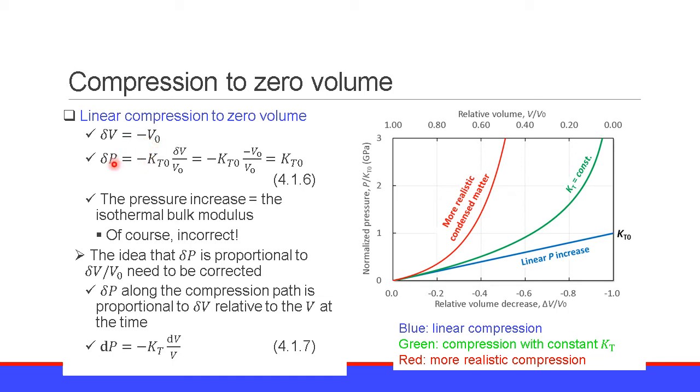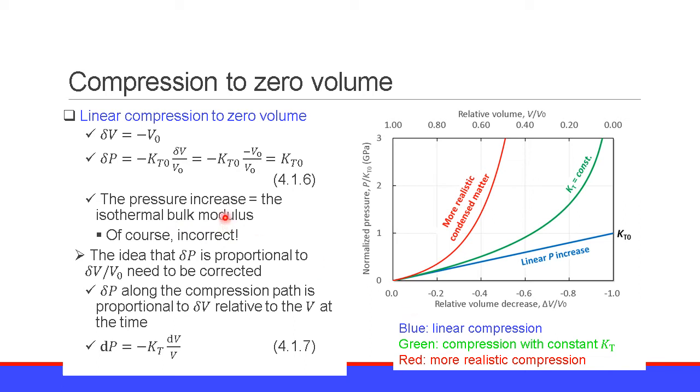Then the pressure increase delta P is equal to minus the isothermal bulk modulus KT0 times delta V over V0, which is equal to minus KT0 times minus V0 over V0, which is equal to KT0. Equation 4.1.6. Thus, the pressure increase is equal to the isothermal bulk modulus.